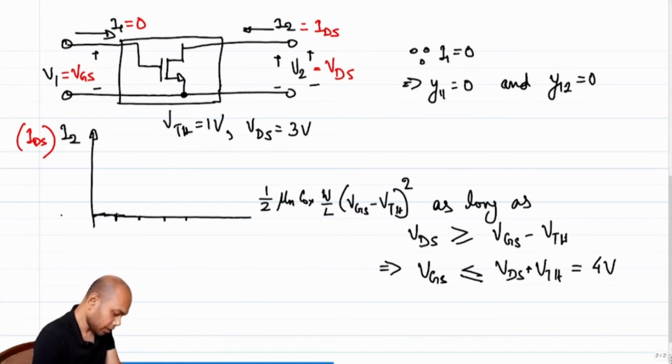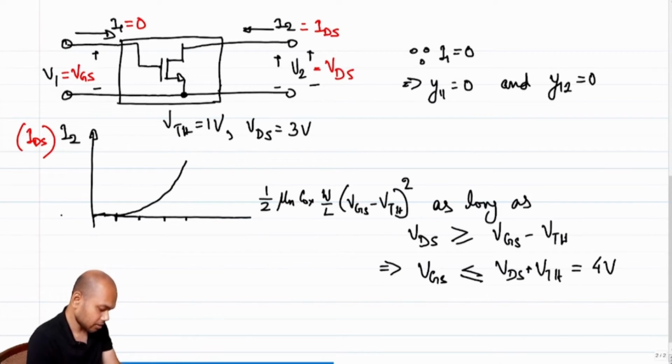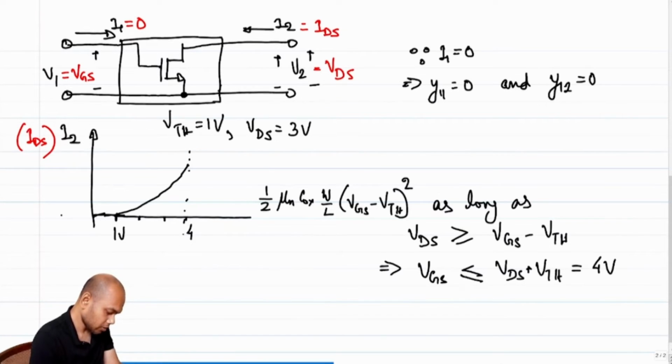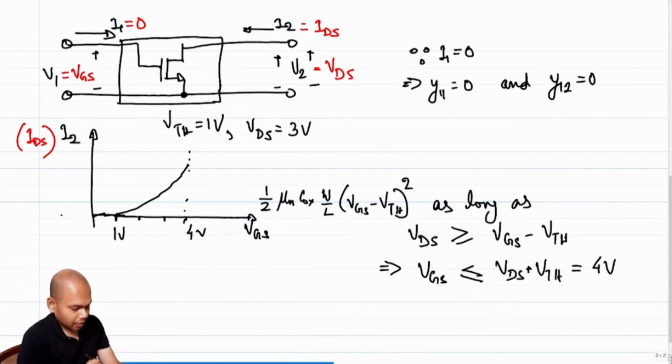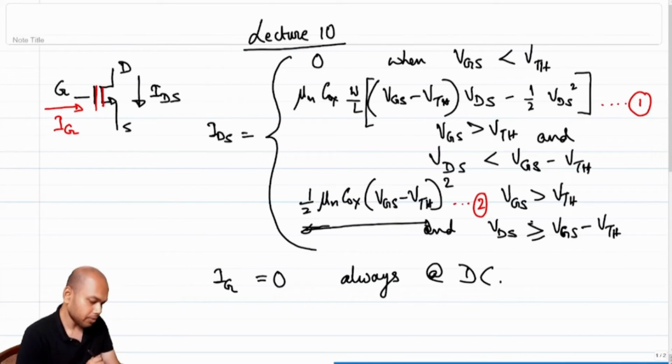So it was 0, then it became a parabola and it went like this. This is 4 volt, this is 1 volt, VGS. Then what will happen? Which equation will take over?